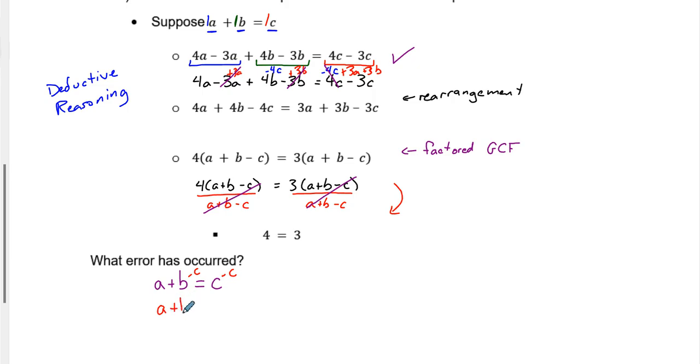You have an a plus b subtract c equaling 0. So in this step, she did divide, but she divided by 0. And you cannot do that. You can't divide by 0.